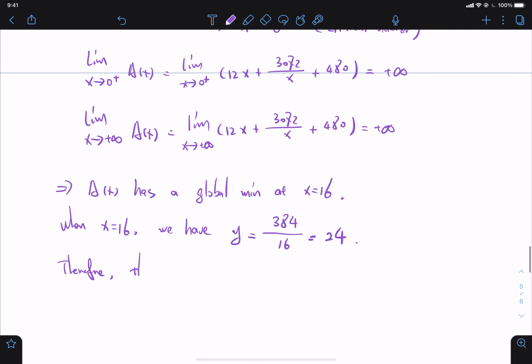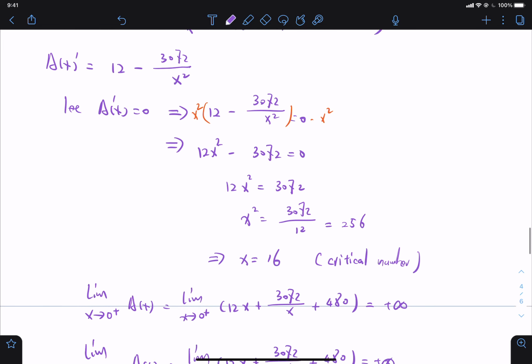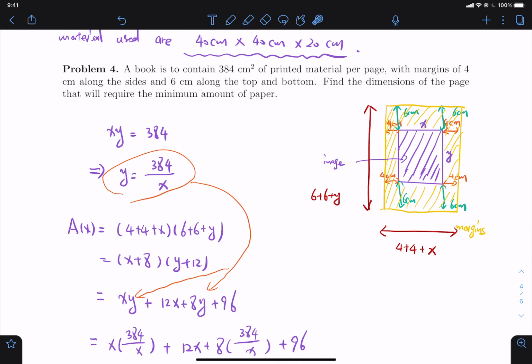Therefore the dimension of the smallest page is 16, that is x, and then we have to add 8, remember? x plus 8, and then y plus 12.